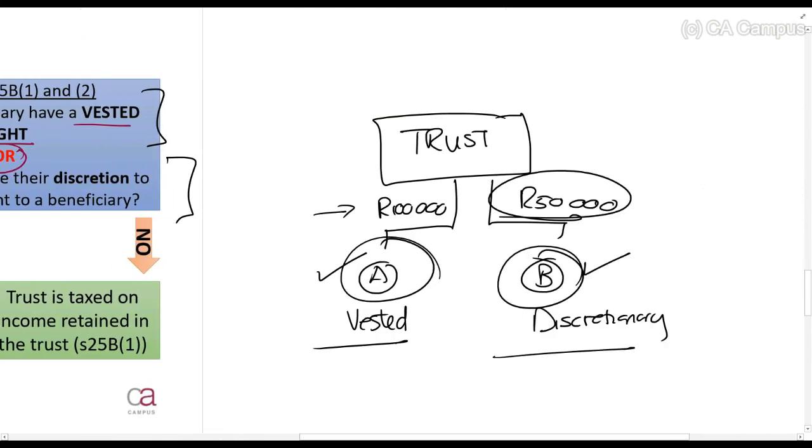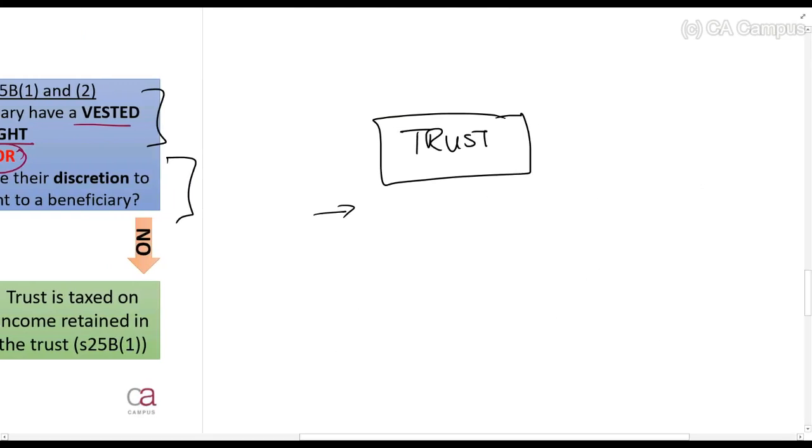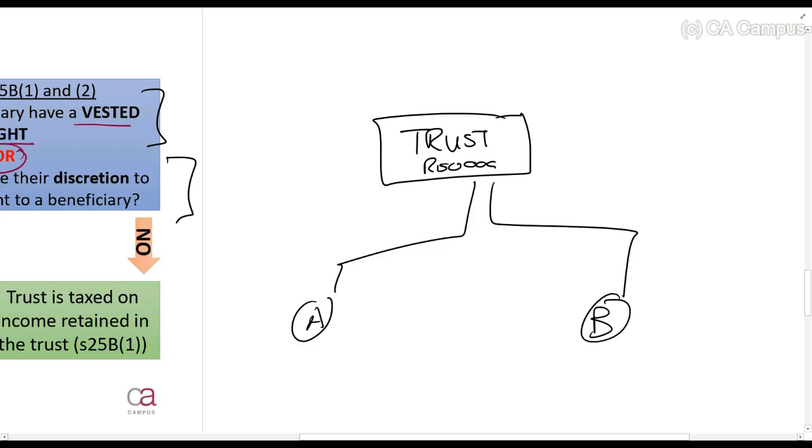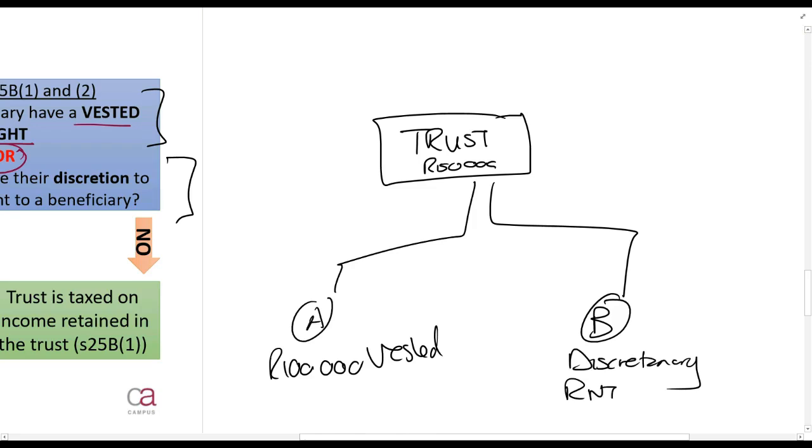If the amount was not paid out, so if this trust had 150,000 rands, here's A, here's B. A has 100,000 rands, which is a vested right, and B has a discretionary right, but he received nothing during the year. The trustees decided not to pay out.